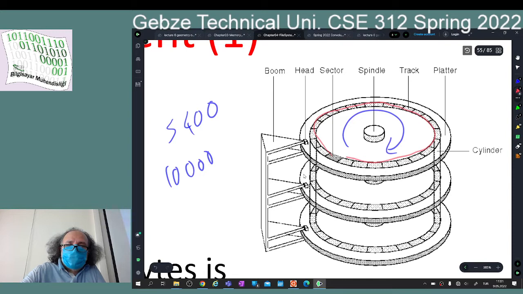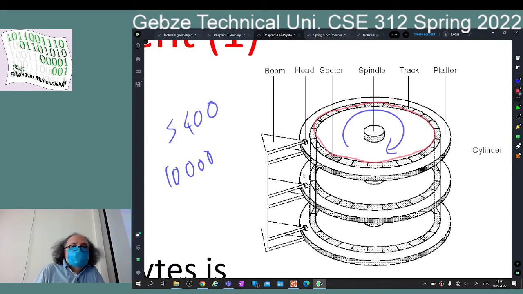These are called tracks. There are many tracks on my disk. We are going to look at this structure when we come to the next chapter, which is I/O, input output. But for now, since we are talking about the files, I need to look at this structure before the time comes. So these tracks are divided into sectors.